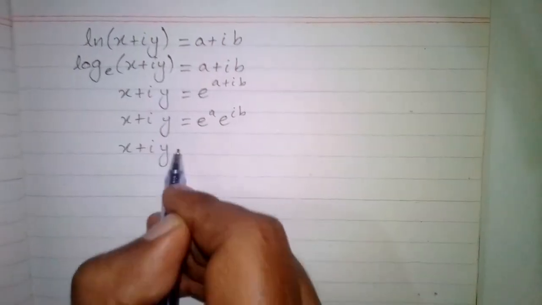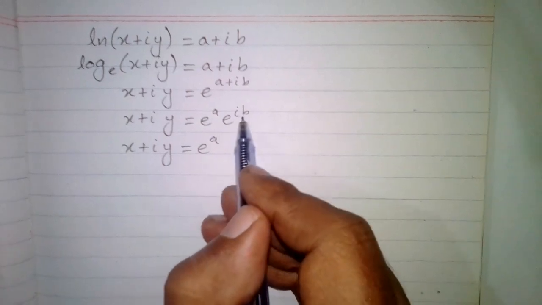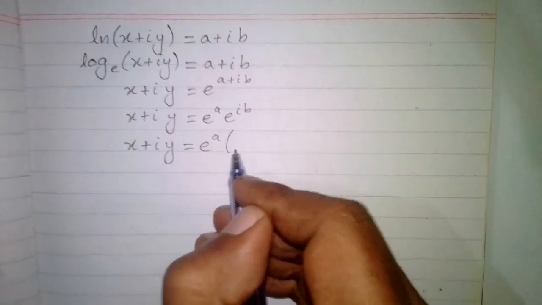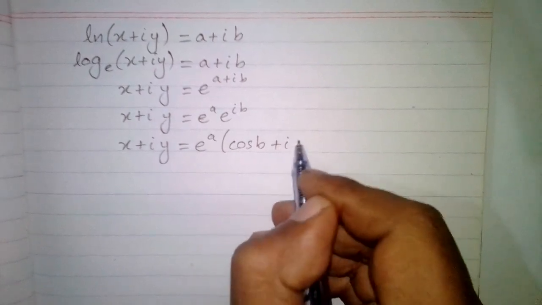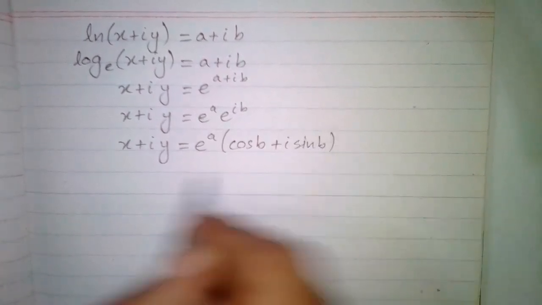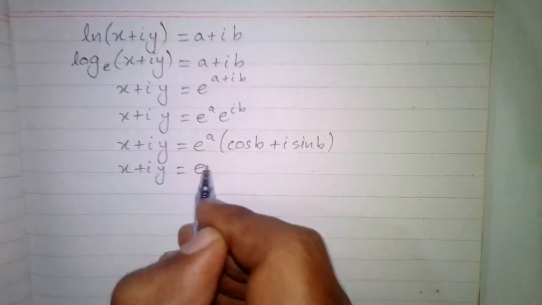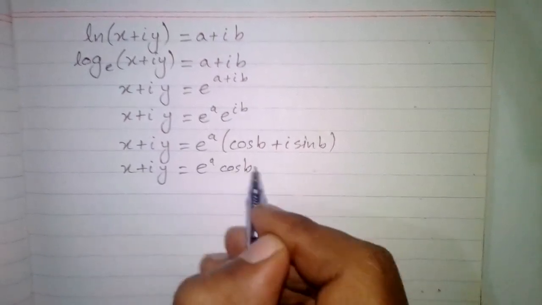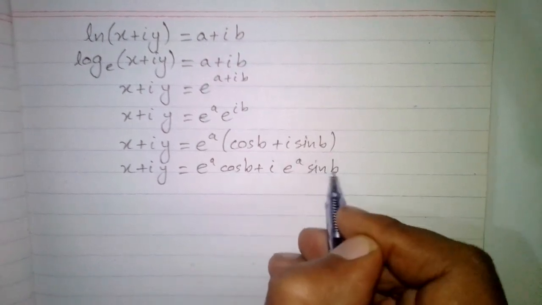We know that e to the power iota b is equal to cos b plus iota sin b. So x plus iota y is equal to e to the power a cos b plus iota e to the power a sin b.